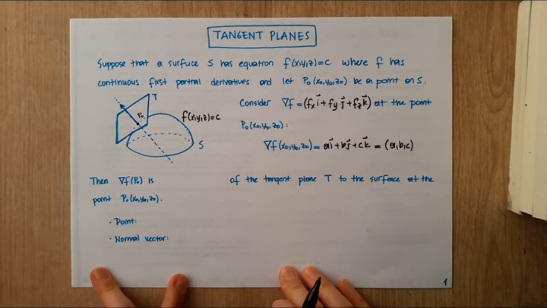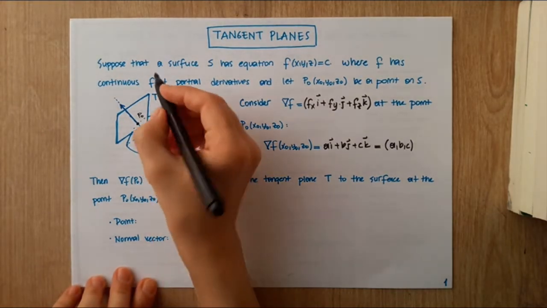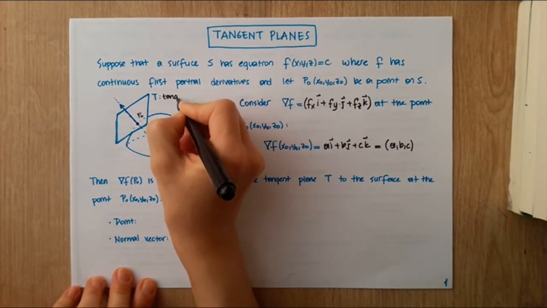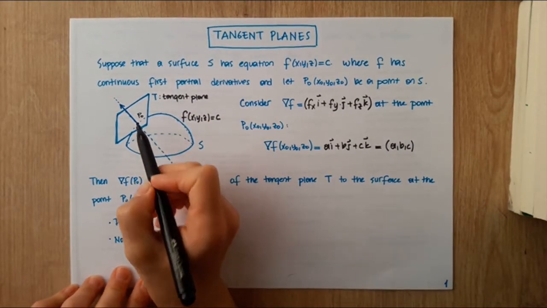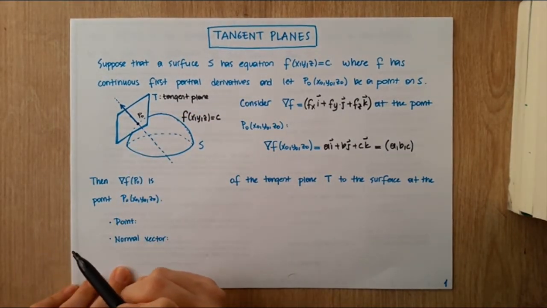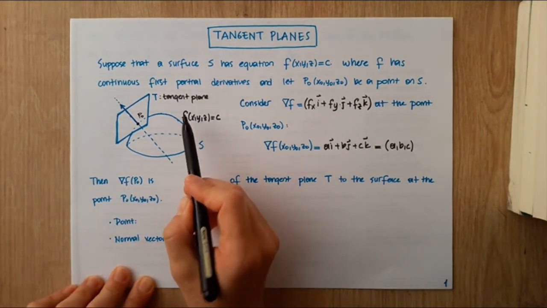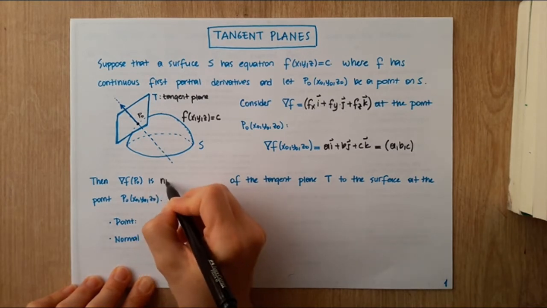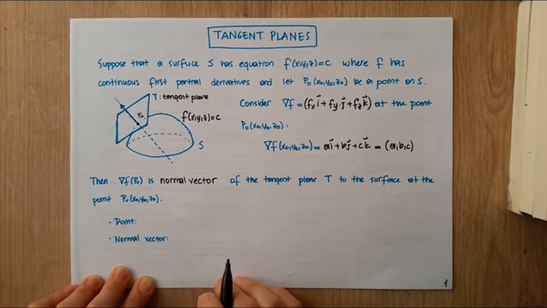Then the important point here is that, as we know, if you want to obtain the equation of a plane, you need a point and you need a normal vector. For this tangent plane, this is the tangent plane here. We know what the point is, right? P0 is the point here, but we need a normal vector, and the gradient vector of this surface f at P0 is the normal vector of the tangent plane.